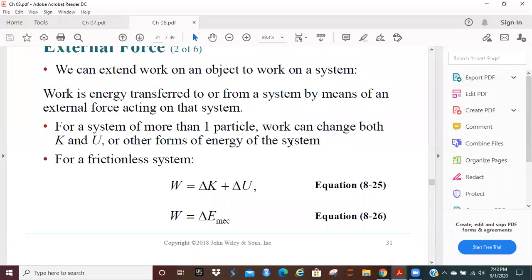So for a system of more than one particle, work can change both kinetic and potential energies or other forms of energy of the system. If we remove friction, then work is going to be defined as the change in kinetic plus the change in potential. And in shorthand, work is just going to be the change of the mechanical energy.